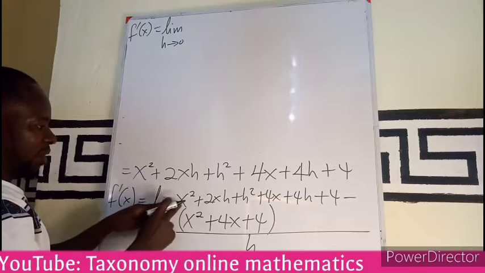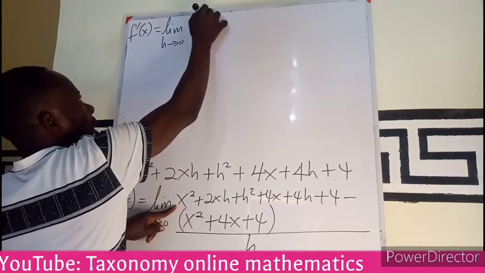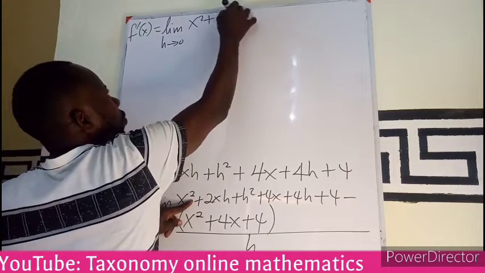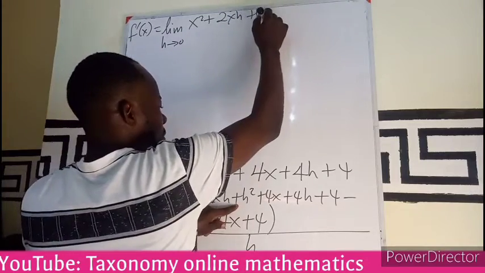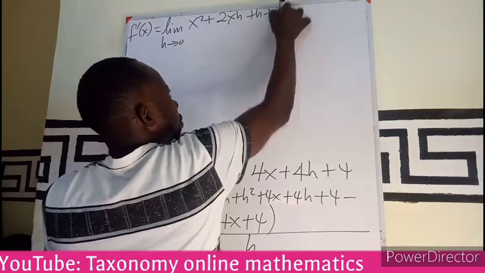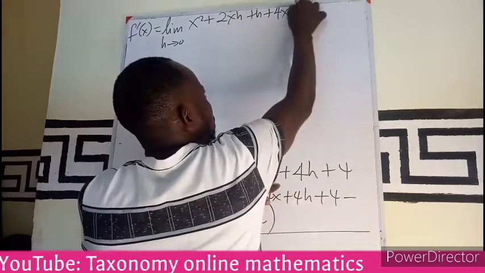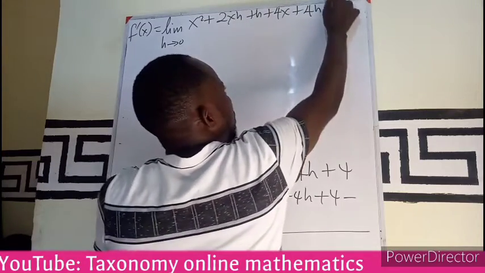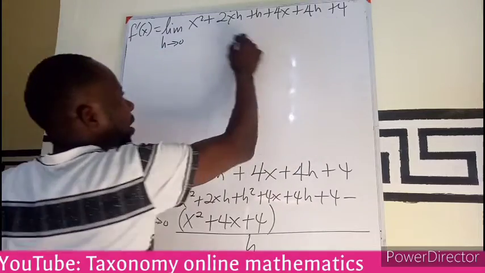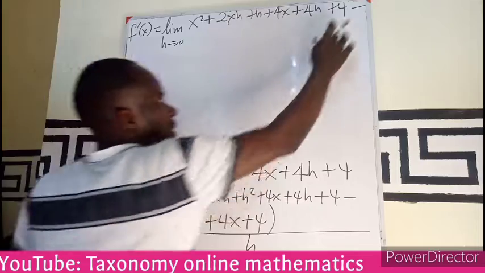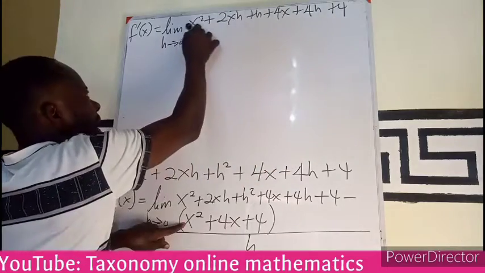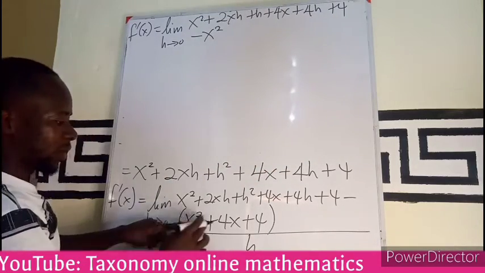We are still going to have our x squared, 2xh, plus h squared, 4x, 4h plus 4. Then we have our minus, which is affecting this, so that will become minus x squared.